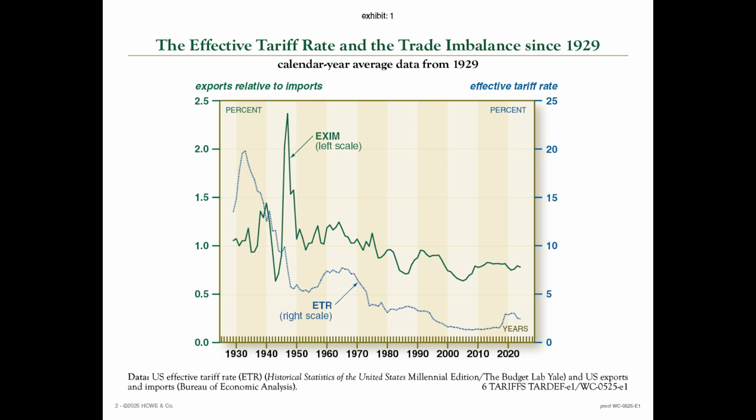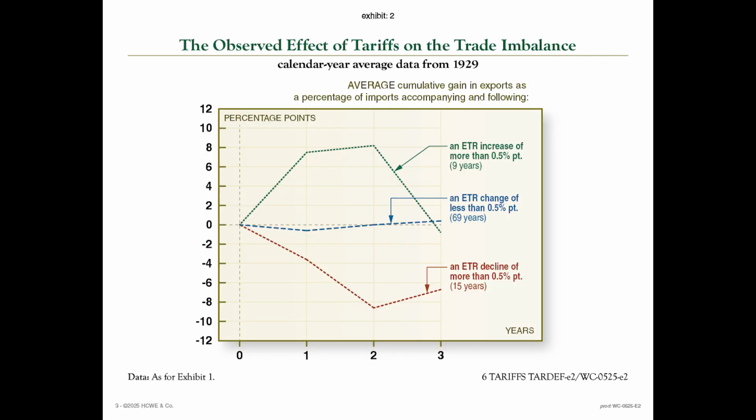And when you analyze it statistically, I show the results in the next slide, which shows a 3-year time frame for an effect on the trade imbalance to take place as a result of either an increase in the effective tariff rate, that's a green line at the top, or a decline in the red line at the bottom, or no change, which is actually the usual case in the last several decades.